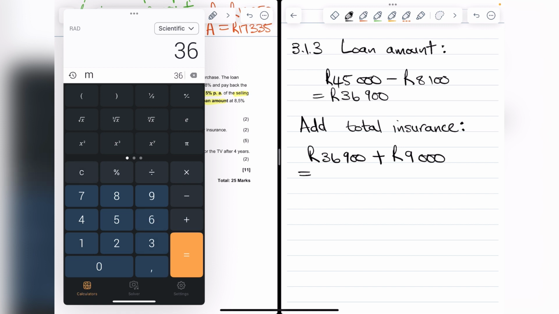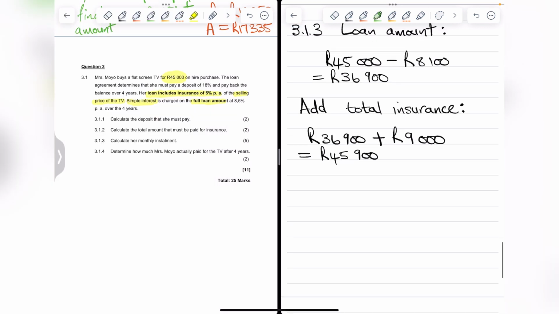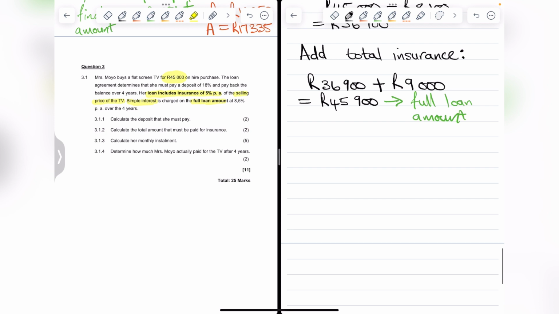In other words, I'm not wanting to impress anyone by doing calculations in my head. I am using the calculator. So this is the full loan amount. And they are saying that simple interest is charged on the full loan amount.